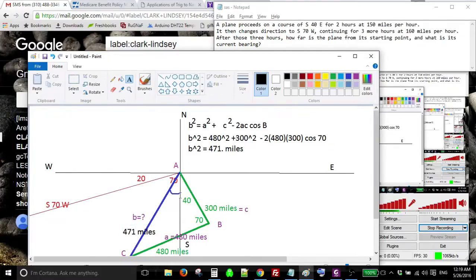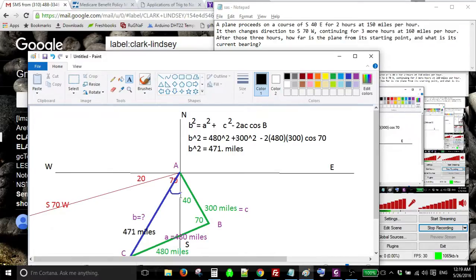Now for the bearing, I need this blue angle, of course, from the north-south axis to the blue line. So this is going to be a south, and then this blue angle, west bearing. So the bearing is going to be south, and then this angle, and then west. So what is this angle? Well, let's see.